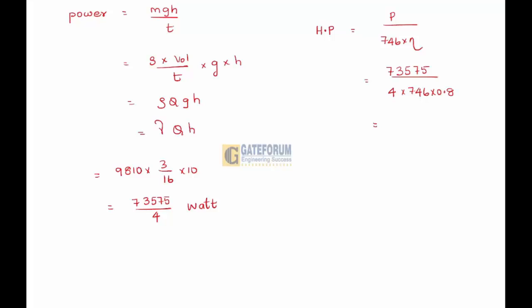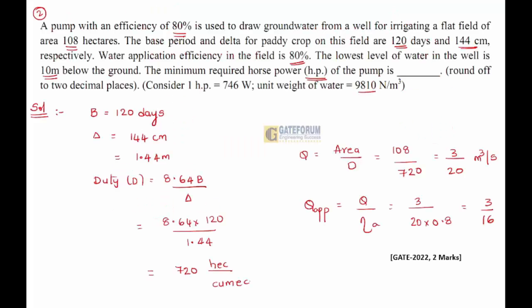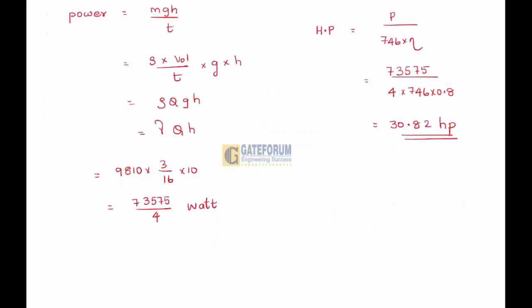When you substitute, you will get an answer of 30.82 HP horsepower. So this will be the appropriate answer for the given question. He is asking you to round off to 2 decimal places. 30.82 HP will be the answer for the given question here. Moving on to the next question.